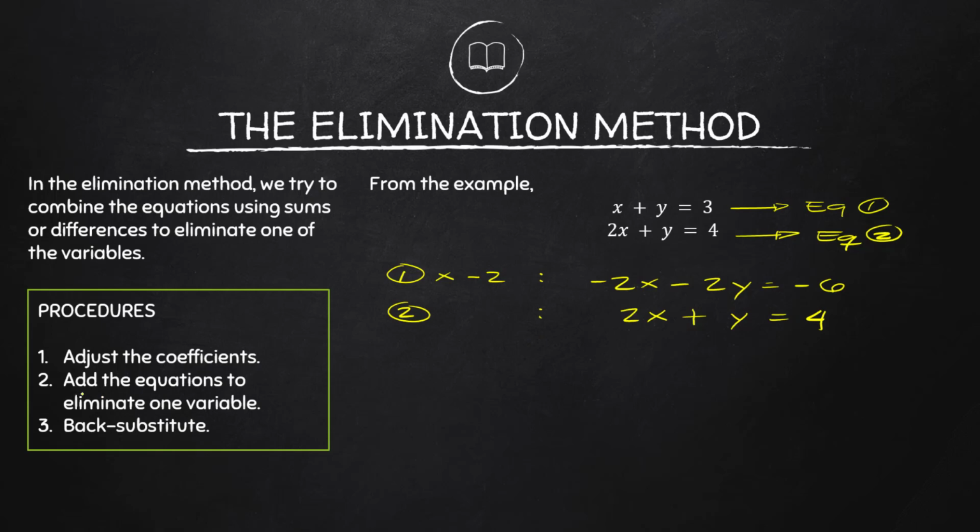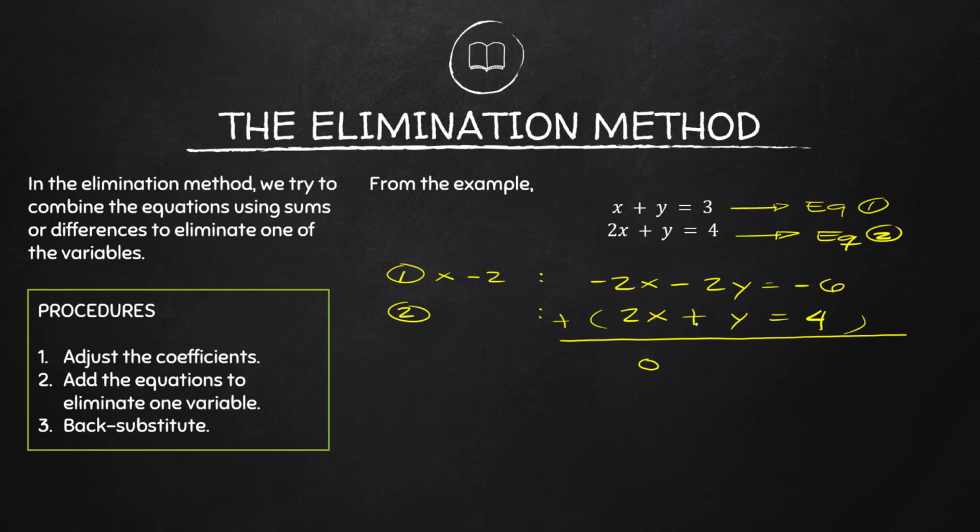The next step is to add the equations to eliminate one variable. You can do addition or subtraction here. But since we multiplied the first equation by negative 2 so that we can have opposite signs for the coefficient of the variable that we are trying to eliminate, we can just add the two. Adding these two, we have negative 2x plus 2x, that is equal to 0.